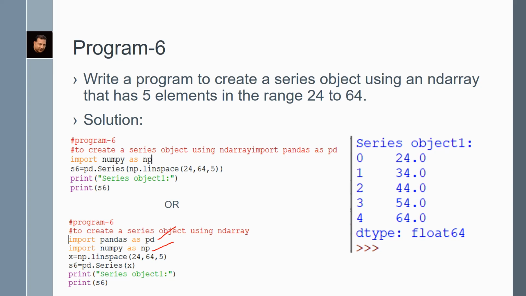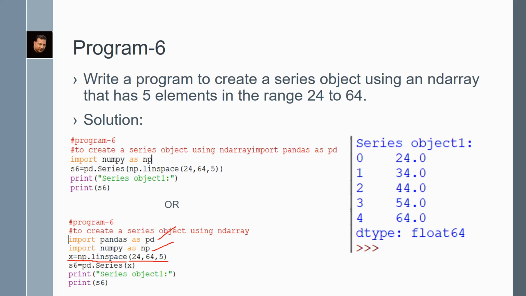Because linspace is available in this library only. So we have to write x is equal to np.linspace 24, 64, 5. Here it means starting value is 24, end value is 64, and in between these two numbers equally spaced 5 elements are required. That is why we have written here 5.